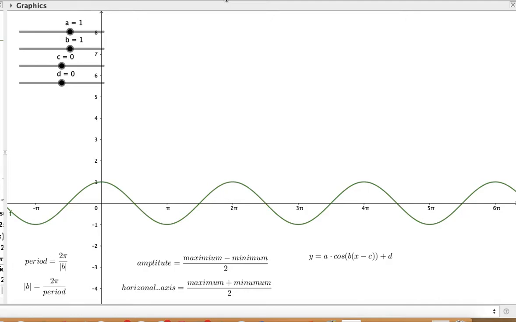The cosine wave, and if I was given a choice between transforming a sine wave or a cosine wave, I would surely pick the cosine wave. Why is that? Simply because my maximum occurs along my y-axis.